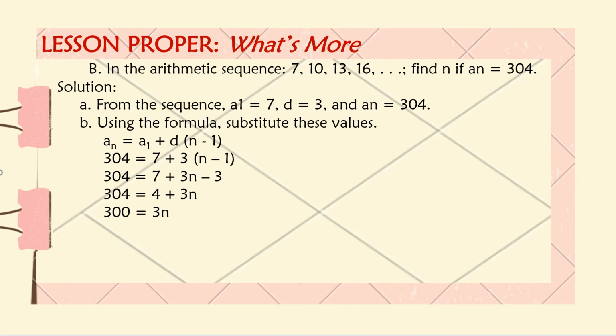Therefore, we will multiply both sides by 1/3. In that case, 300 divided by 3, so that is 100. And 3n divided by 3, so 3 divided by 3 is 1. Automatic kapag 1 yung numerical coefficient, hindi na natin isusulat. So, n na lang. So, our n is 100.